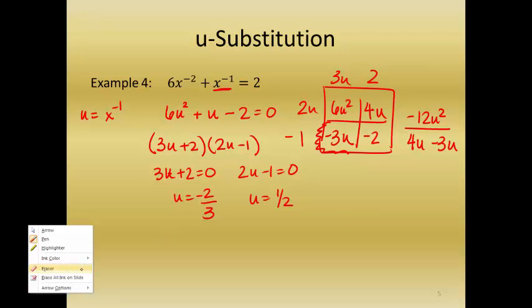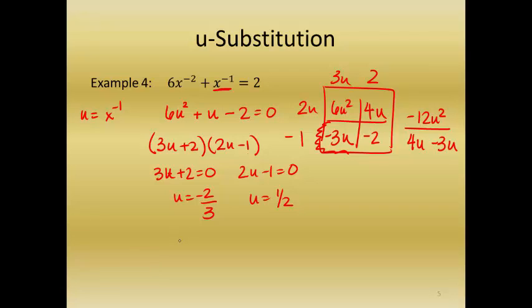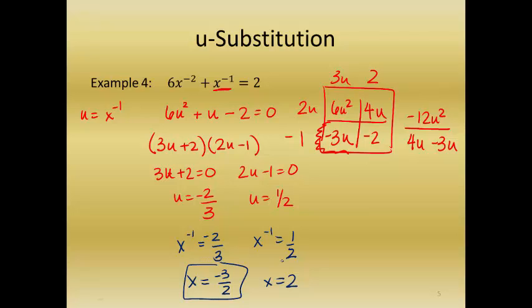So I'm going to change colors so you can see where this step comes in, and that is x to the negative 1 equals negative 2/3, and x to the negative 1 equals 1/2. All right, well, what is this x to the negative 1 business? What it means is that I want to take the reciprocal. So my x actually equals negative 3/2, and x equals positive 2. Okay, so those are my two solutions for this one.